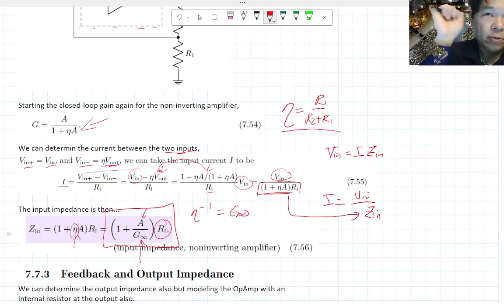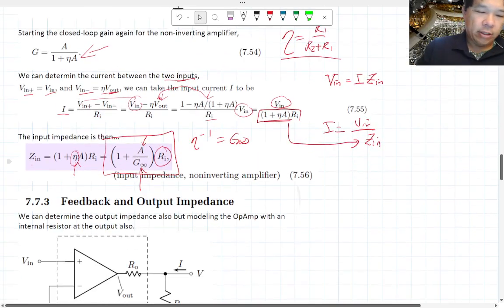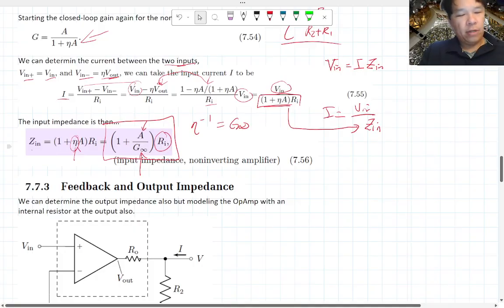Once again, A is going to be very large. If your G infinity, meaning your idealized gain that you're designing your circuit with, is not too large, then you're going to get a huge boost in input impedance. And that's what we want on our devices. Therefore, it's not affecting whatever you're attaching it to.